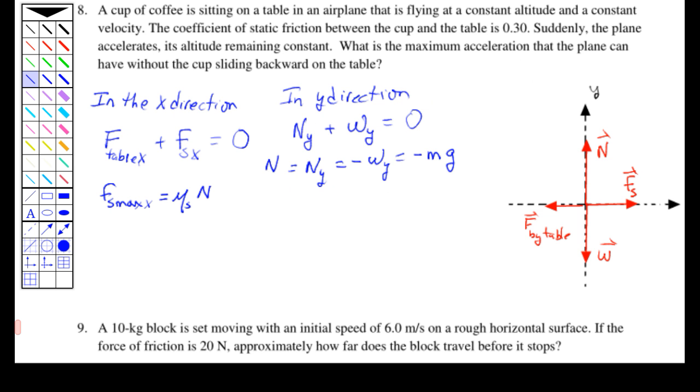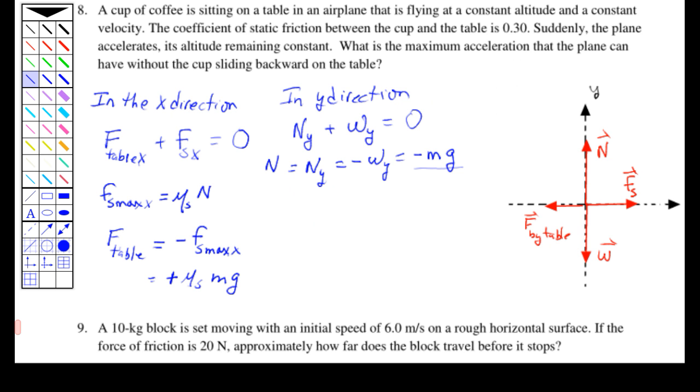So in the x direction, we have that the force due to the table is equal to the negative of the maximum static friction force in the x direction. And this is just minus mu s times the normal force, which we said was negative mg. So that's positive mu s mg.